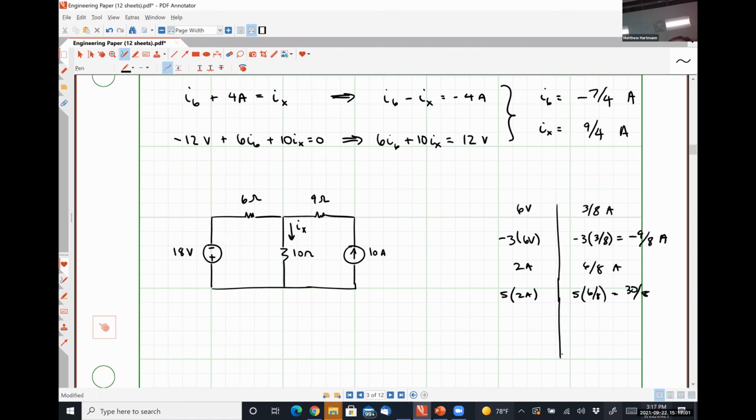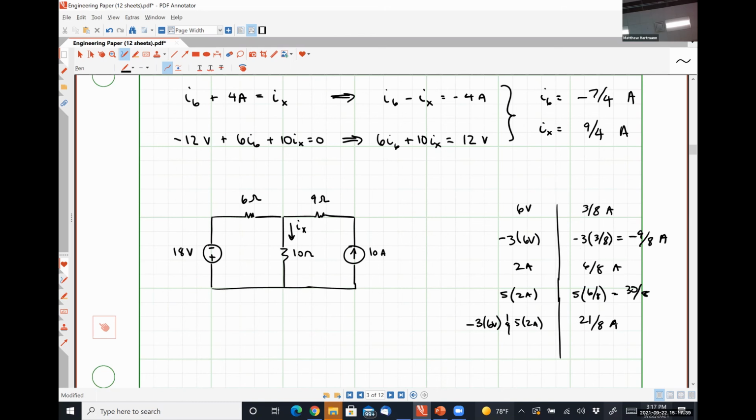And so my expectation is that when I apply -3 times 6 volts and 5 times 2 amps simultaneously, I am going to get negative 9/8 plus 30/8, or a current of 21/8 of an amp, if I did my mental math correctly. I'm going to prove that to you guys, but if you understand this, you know that you never have to prove it again. This is just how circuits behave, okay?